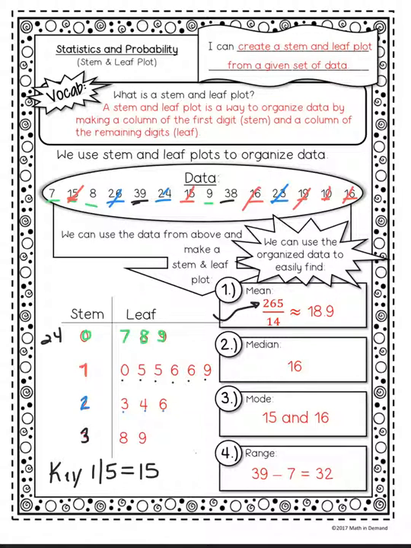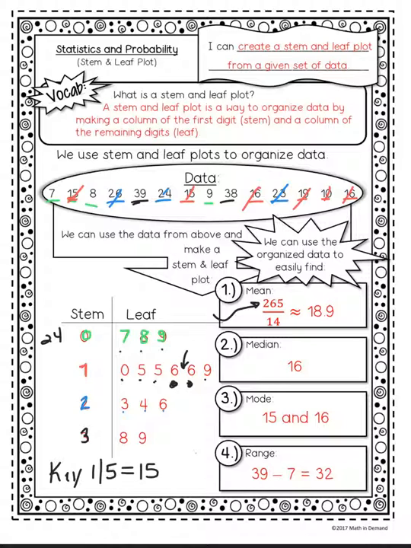I start counting from the smallest number: 1, 2, 3, 4, 5, 6, 7, 8. So this is the 7th number, this is the 8th number. Our middle number will be between them.